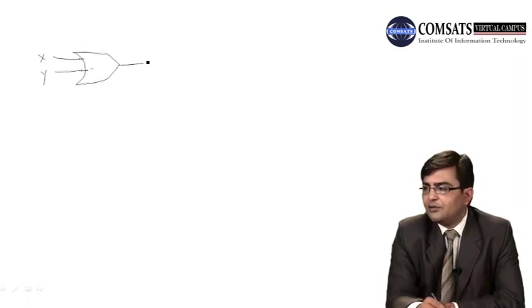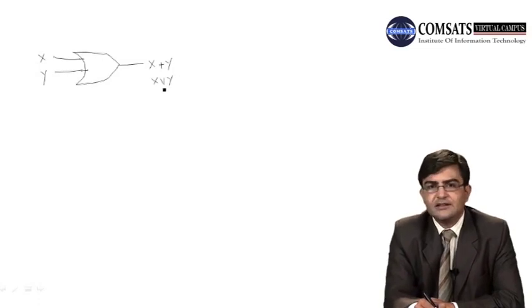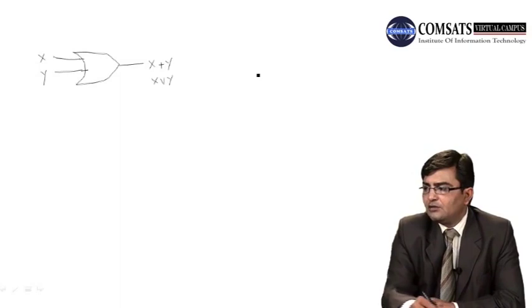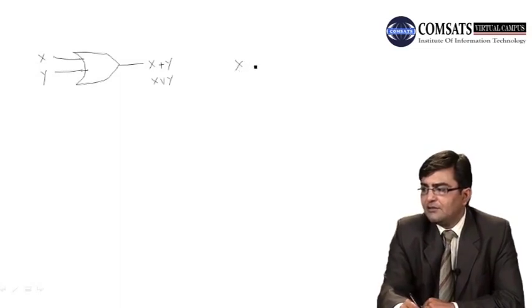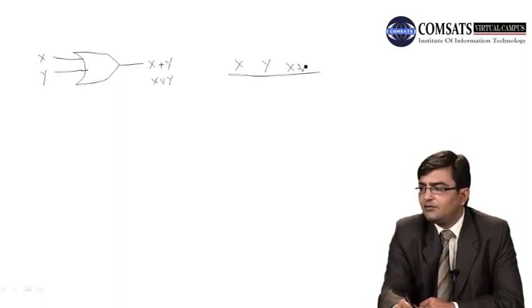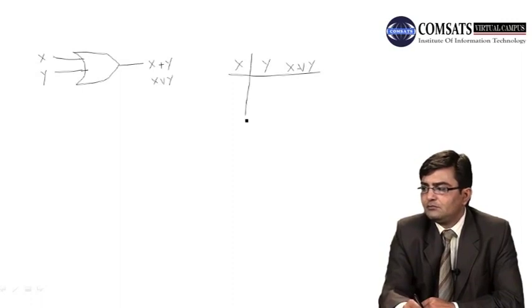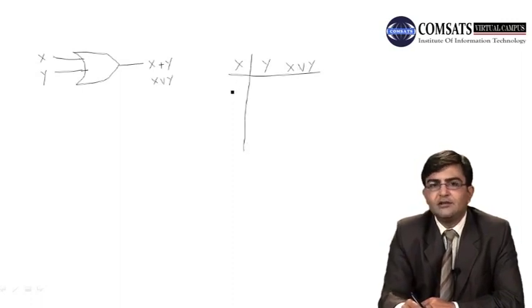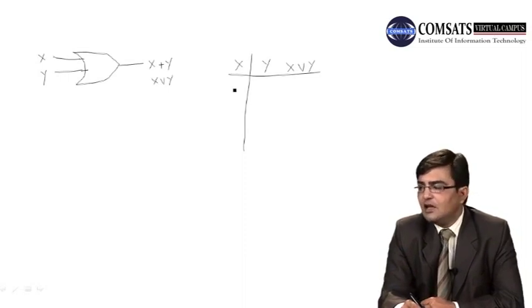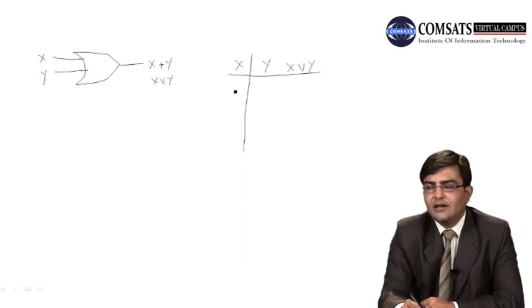X and Y are two inputs and its output is X plus Y, or we can write X or Y, which is here the disjunction. Now the truth table here is the same. The possibilities of this logic gate are the same as the truth table of the disjunction operator. Here usually the truth values in logic gates are denoted by 1 and 0.